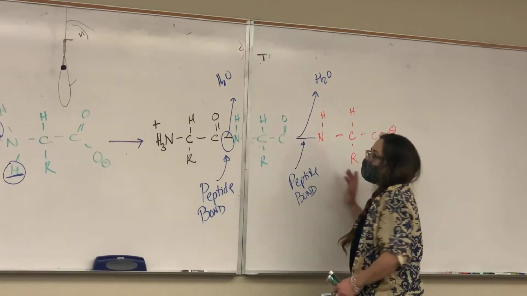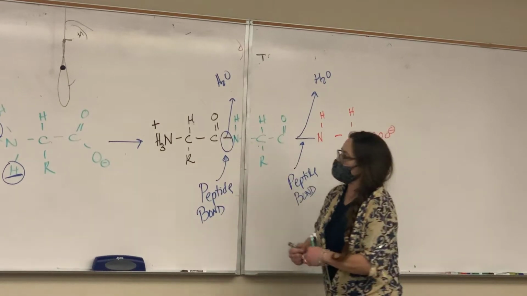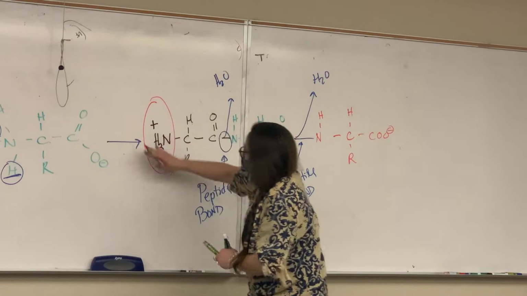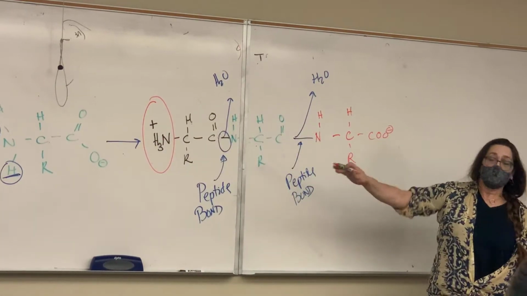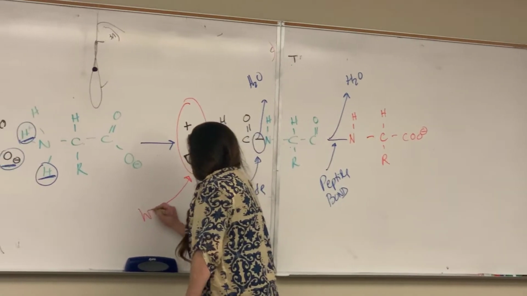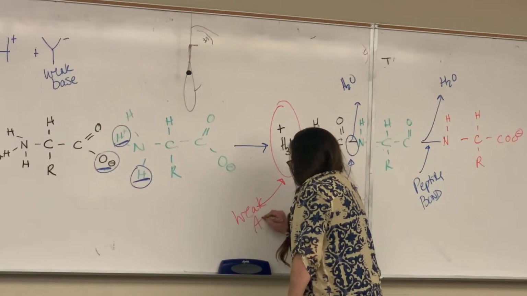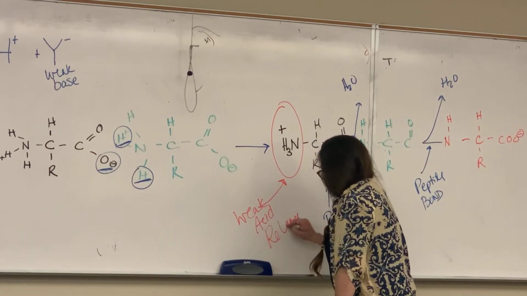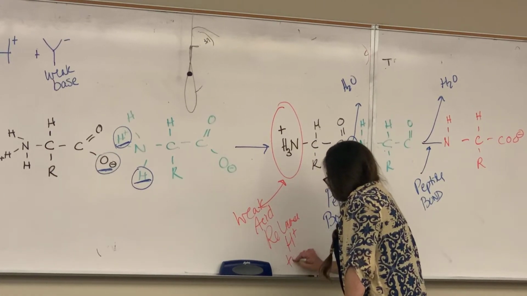So we have to come all the way down to one end of this protein. Right here, that part of this protein, the very end of it, acts as the weak acid. That can release hydrogens to the solution.